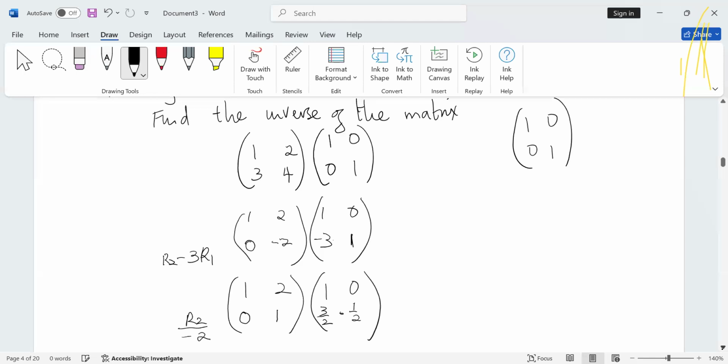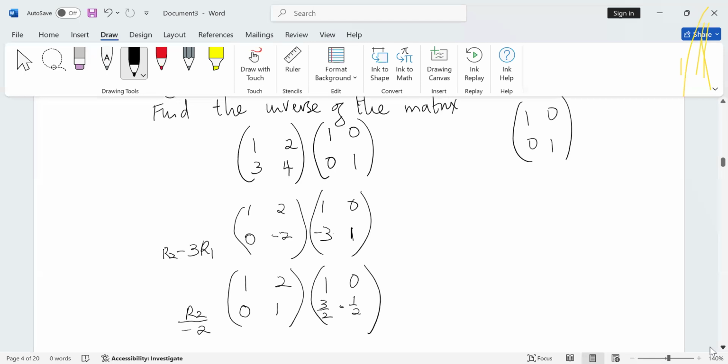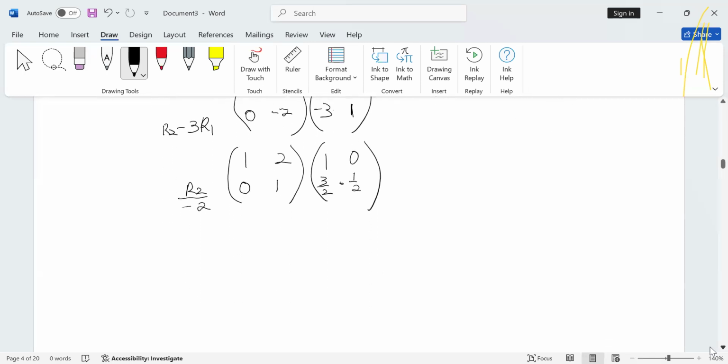We want to make this one 0. So we want to make this one 0.